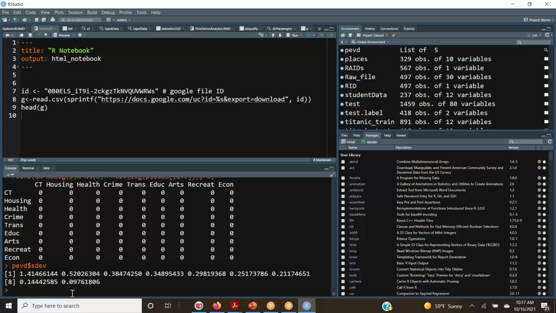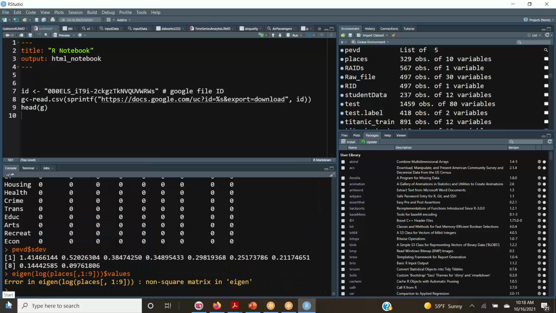Go back to this, not this one, this one, the covariance. Eigen, dollar values. Okay, non-square matrix.